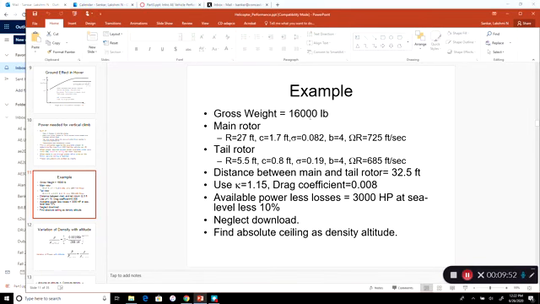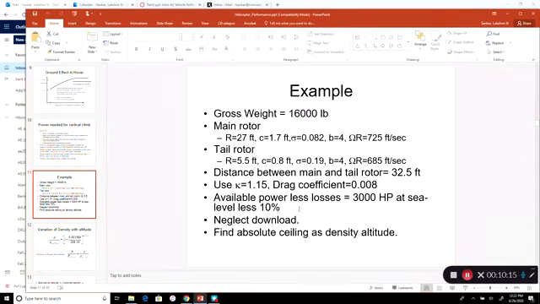We are going to use CD of 0.008, kappa is 1.15, and we assume there's a 10% loss in the power because of all those things we talked about: transmission losses, inlet losses, exhaust losses, compressor bleed losses, auxiliary power losses, you name it. So 10% is gone.